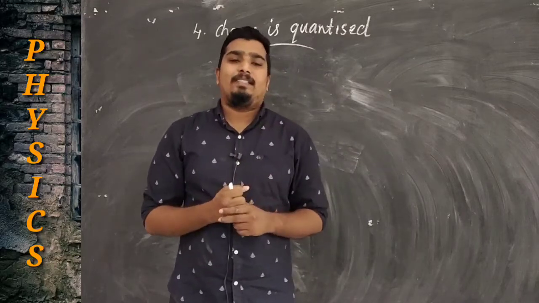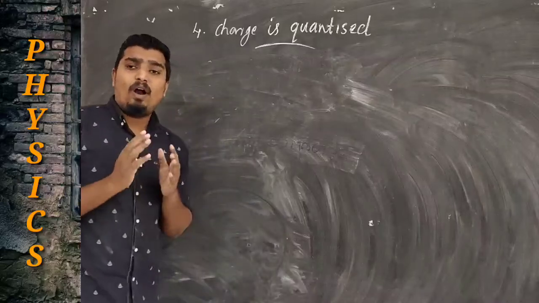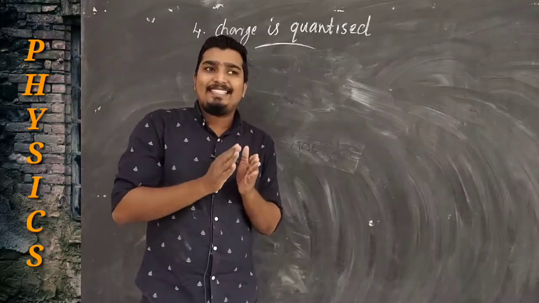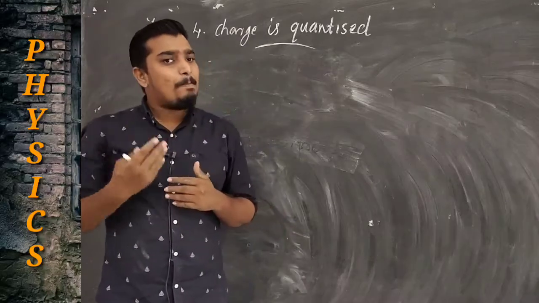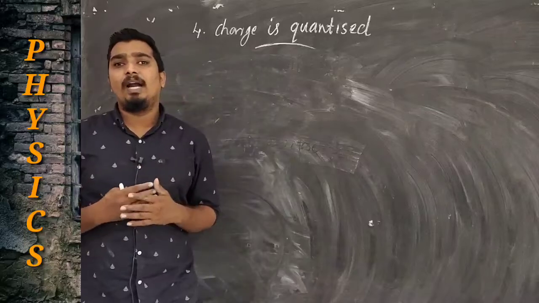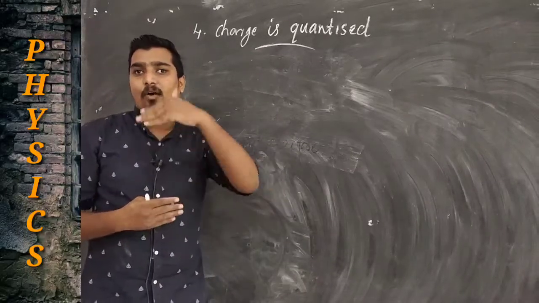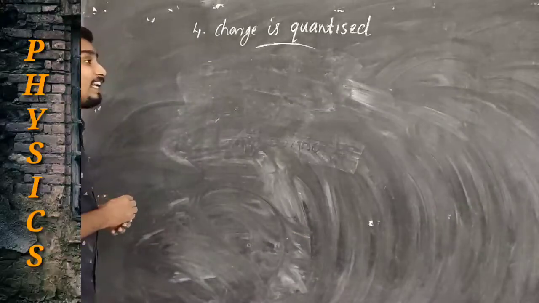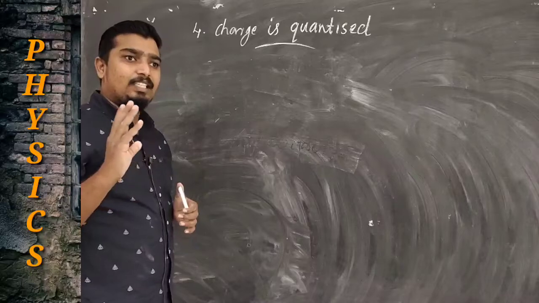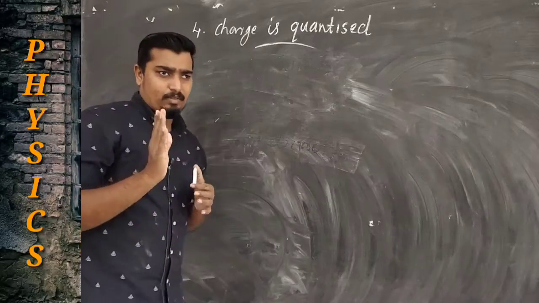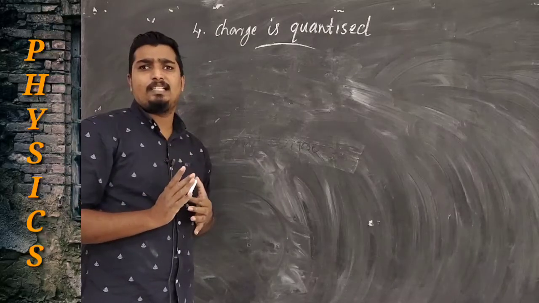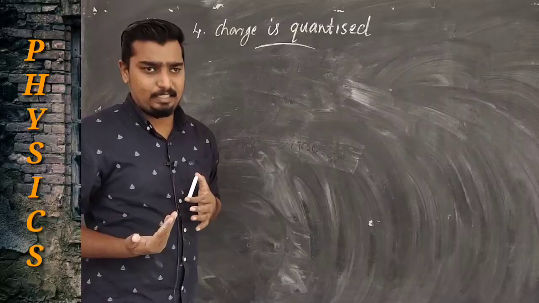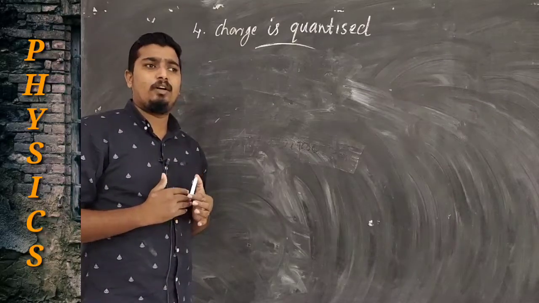Charge is quantized. Millikan showed that all electric charges in nature exist either as a basic charge or as some integral multiple of this charge.